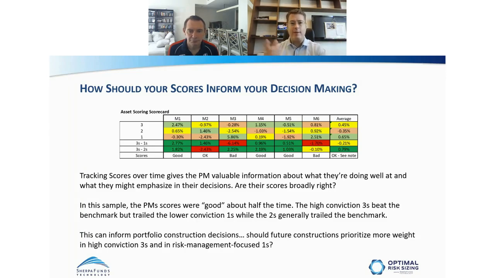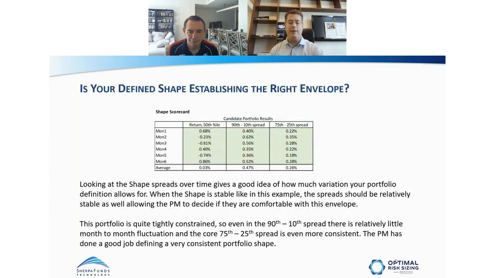If we take the same thing and back this out in terms of shape, shape is a question of, as a PM, are you within the right envelope for the product that you've told your investors you're going to deliver? Is it an envelope that you as a PM are comfortable with, and that your investors are comfortable with? If your portfolio definition and shape are right, as we've talked about in other sessions, these should be relatively consistent numbers.